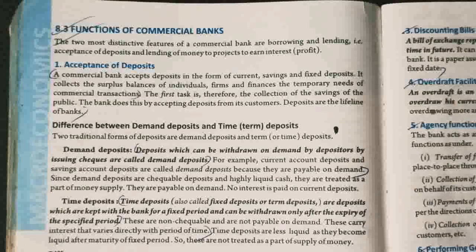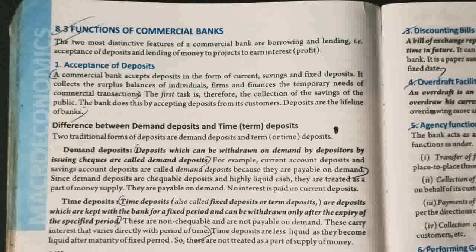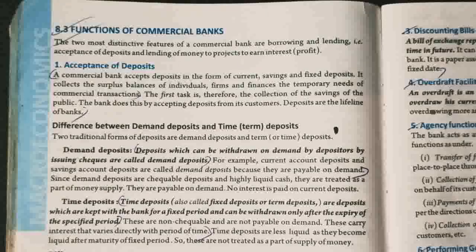We will also discuss in brief demand deposits and time deposits. Demand deposits are deposits that can be withdrawn on demand by depositors, that is by us, by issuing a cheque. It is a kind of money because we can withdraw our money whenever we want just by issuing a cheque.